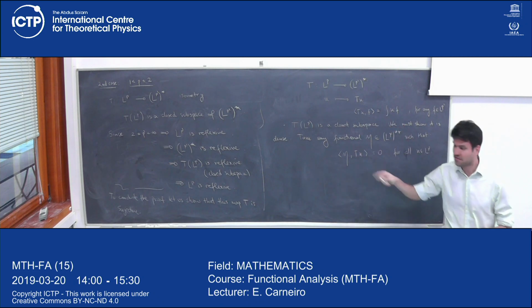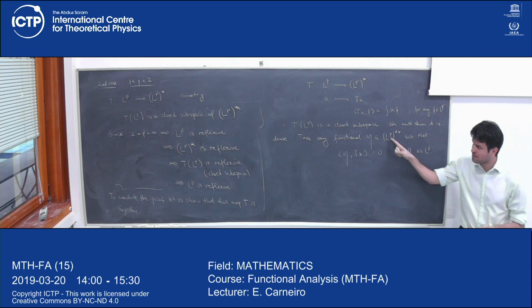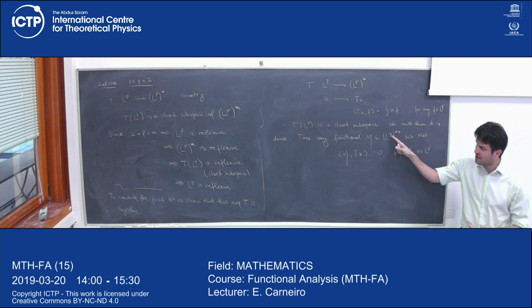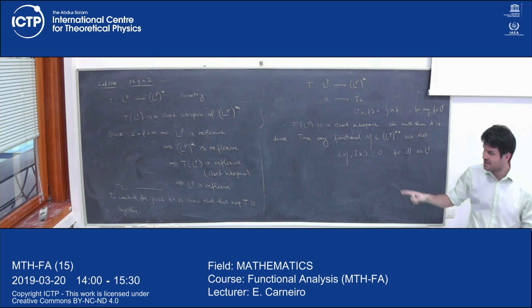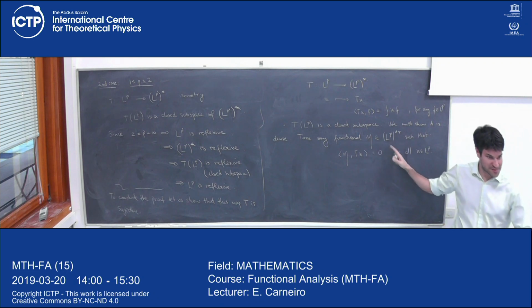And we have to show that this functional eta is 0. But now, what do we know about L^p prime prime, the double dual? So we have already shown that L^p prime is reflexive. So a functional eta here is given by the J of somebody in the same space, right?